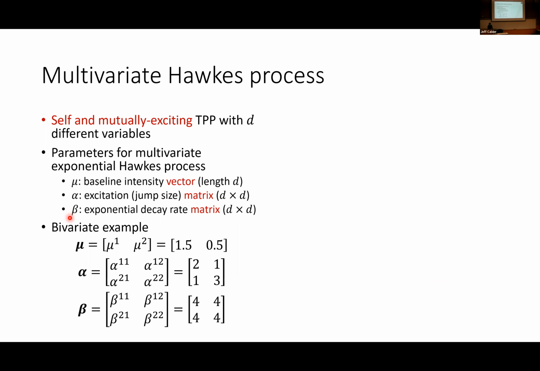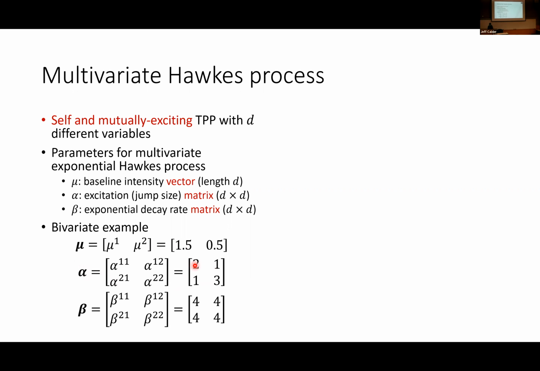To give you a simple example, this is a bivariate example. So we have two different variables. So your mu is mu1 and mu2, so let's say 1.5 and 0.5. These are the rates at which these two types of events happen. Then you have a 2x2 matrix alpha here. This is saying that an event of type 1 will cause the intensity of type 1 to jump by 2.